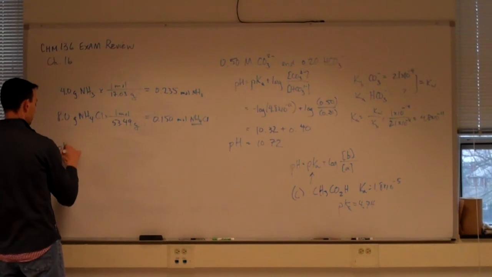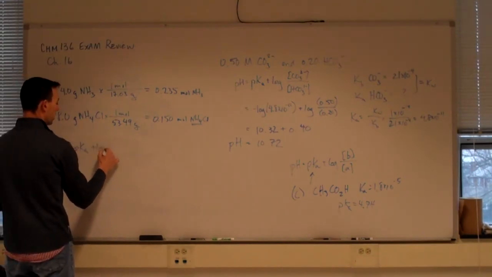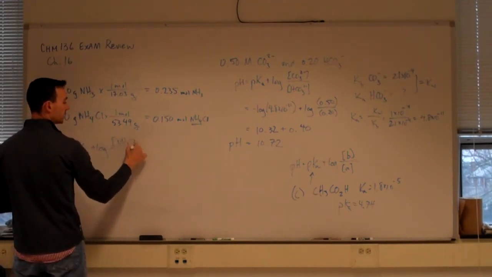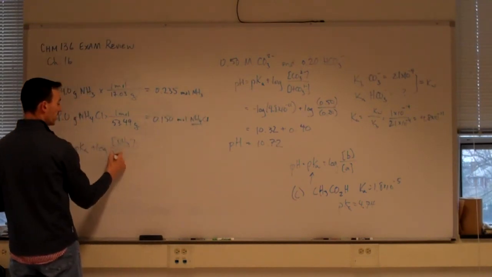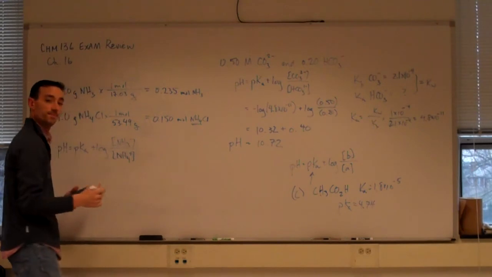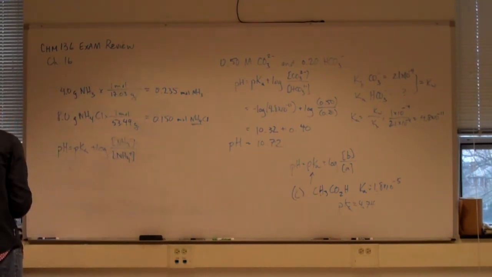So our pH will be the pKa plus the log of the concentration of the base, which in this case is the ammonia. It has fewer hydrogens on it, over the acid NH4 plus. The acid always has the additional hydrogens on it.